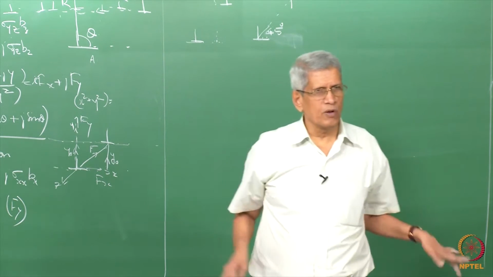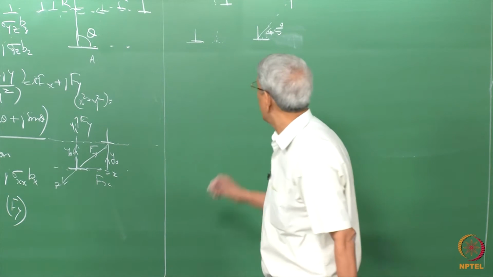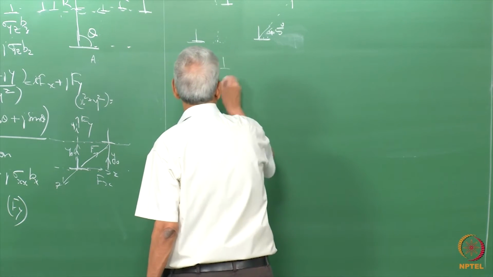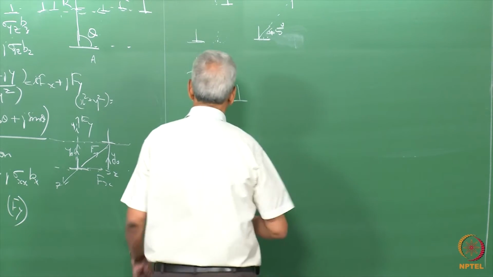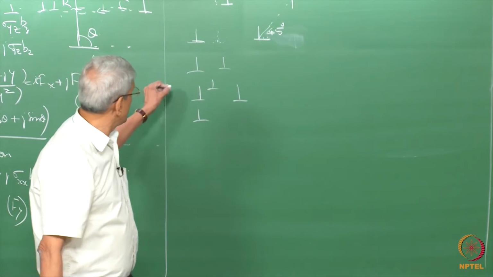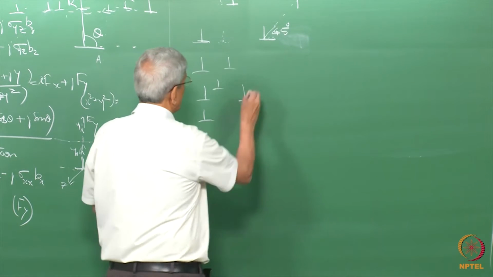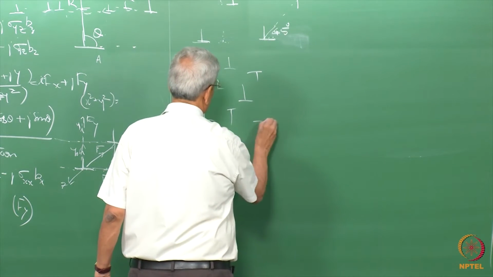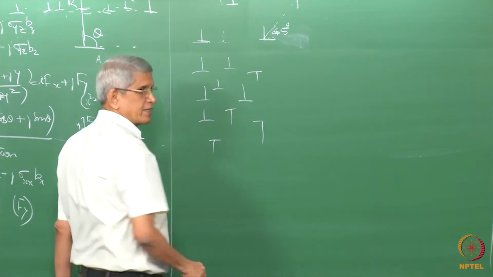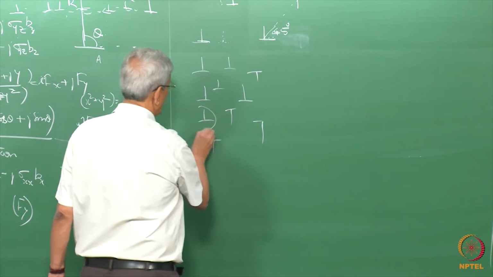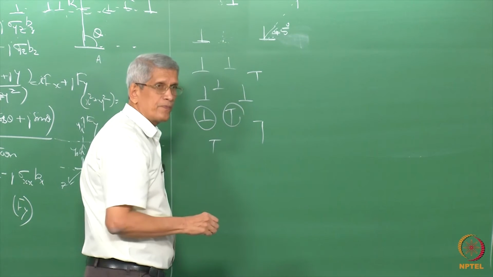If you have a lot of dislocations present in the material, randomly distributed like this, and some dislocations may be like this. So, this dislocation and this dislocation are on two different planes. Let us consider the case between this one and this particular one.